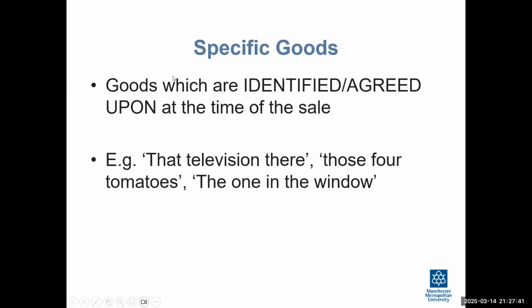So let's start. I want you to pop in the chat what you think specific goods are. So that television there, those 4 tomatoes, the one in the window. These are goods that have been identified. That's the first step. They've been identified, pointed at, and agreed upon by both parties at the time of the sale.